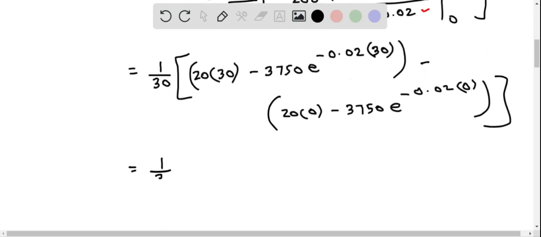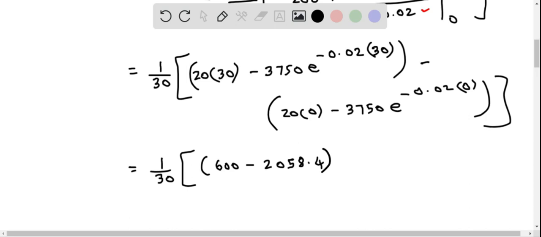So therefore this becomes 1 over 30. 20 times 30 is 600, minus, we simplify this, and we approximately get 2058.4.